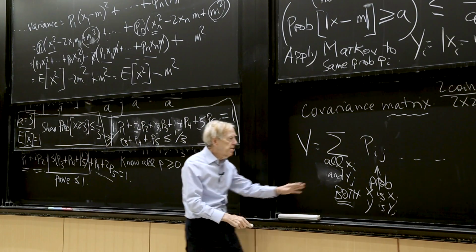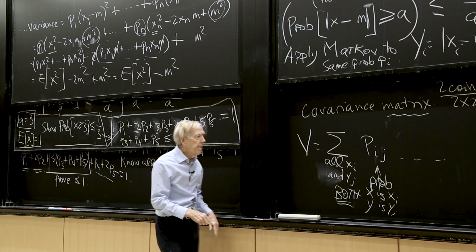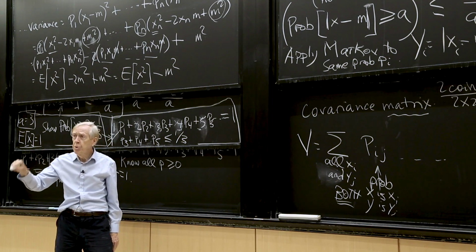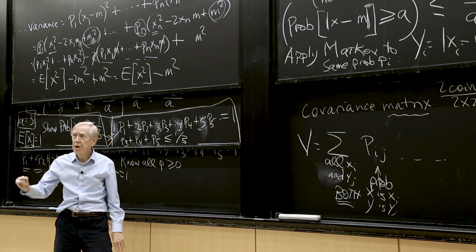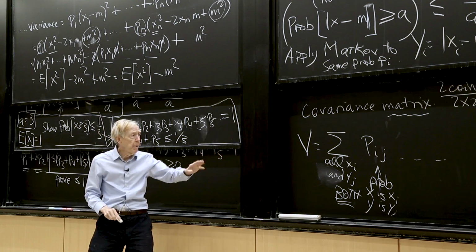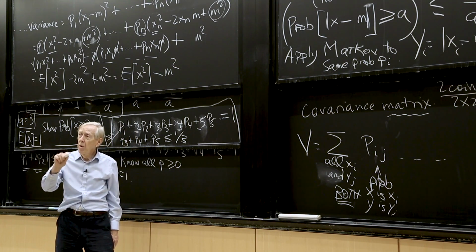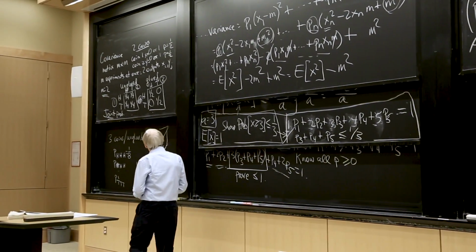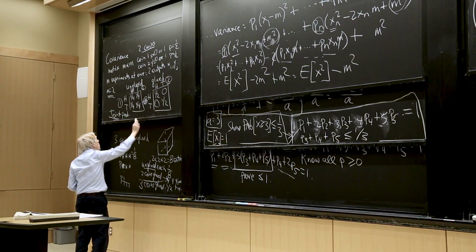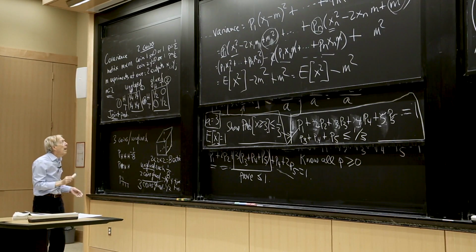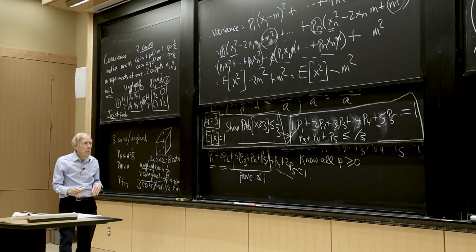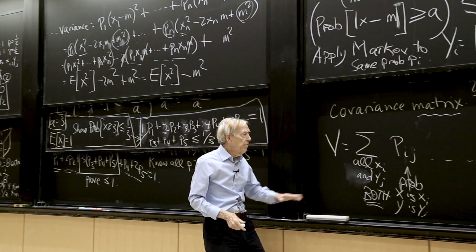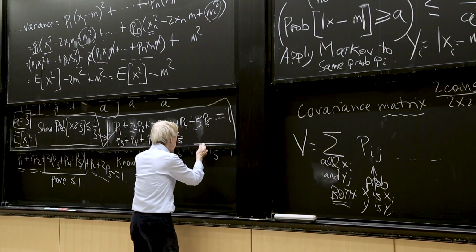Suppose that I take these Pij's and that I add up P1j plus P2j plus P3j. In other words, I sum the Pij's over i. So I'm looking at a row of my matrix. So let me ask the question.